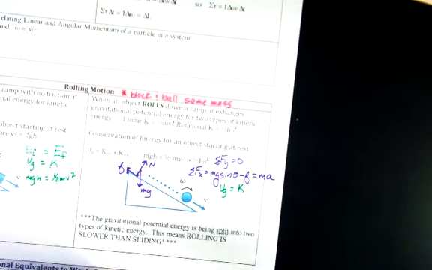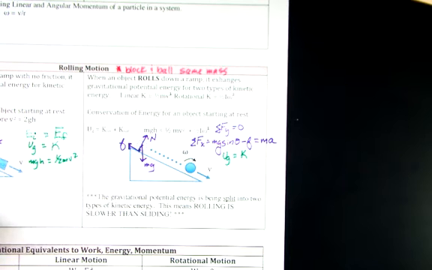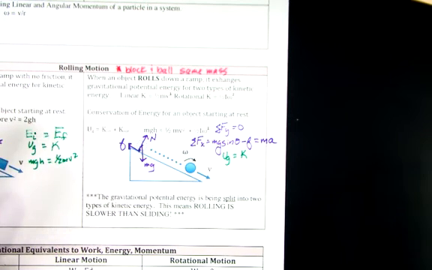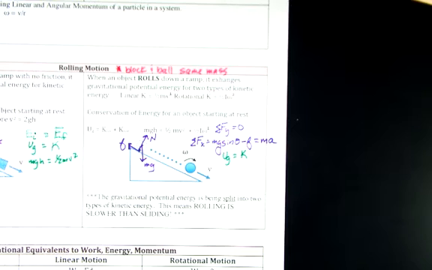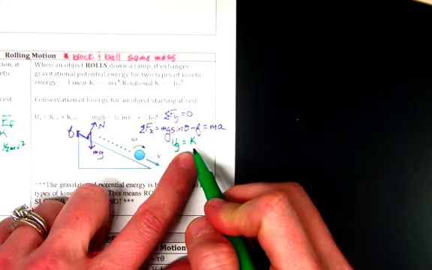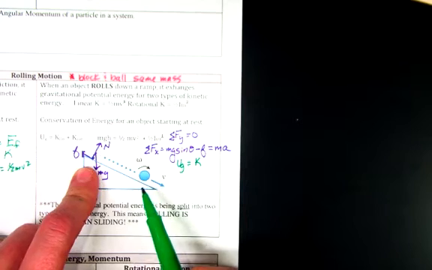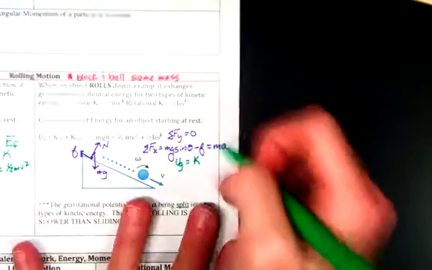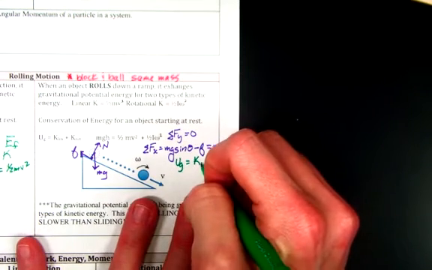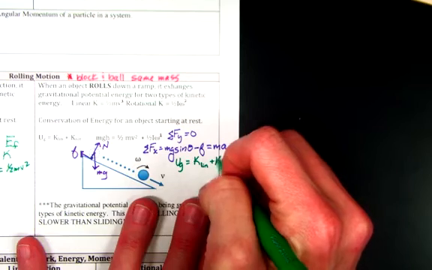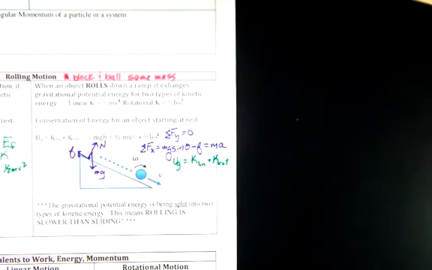From the page before, we know we have a new kinetic energy, a kinetic energy for spinning motion, but we also have a kinetic energy for linear, or translational, motion. So this K right here is actually the sum of both, because I have both motions occurring as this comes down. So I have a linear kinetic energy plus a rotational kinetic energy.